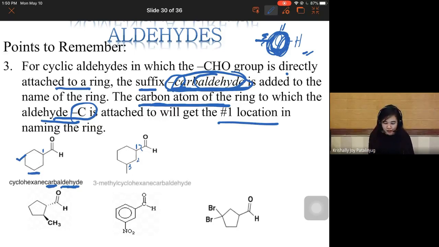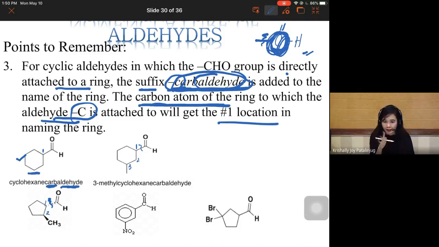So, 3-methylcyclohexanecarbaldehyde. Next. Another one, this is also a cyclic aldehyde. So this is carbon 1, then carbon 2. Again, carbon 1 is the carbon where the aldehyde group is attached. So at carbon 2 is a methyl for that cyclopentane.